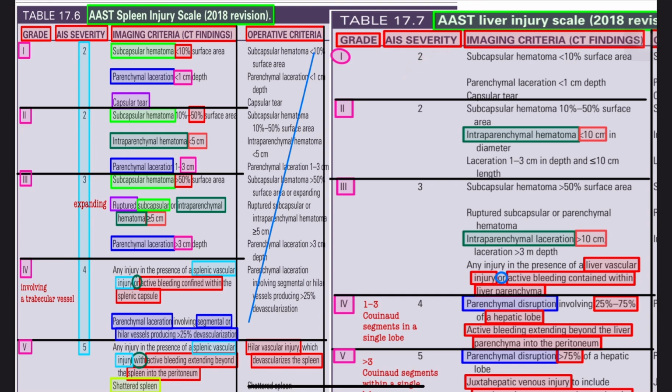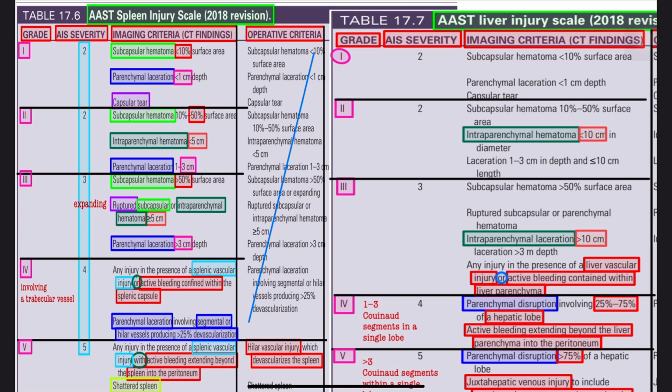In grade 1, subcapsular hematoma is less than 10%, parenchymal laceration is less than 1 centimeter, and capsular tear. This capsular tear is an MCQ. If they ask capsular tear is present, what is the grading? Grade 1. Everything is the same in liver, so no need to repeat.